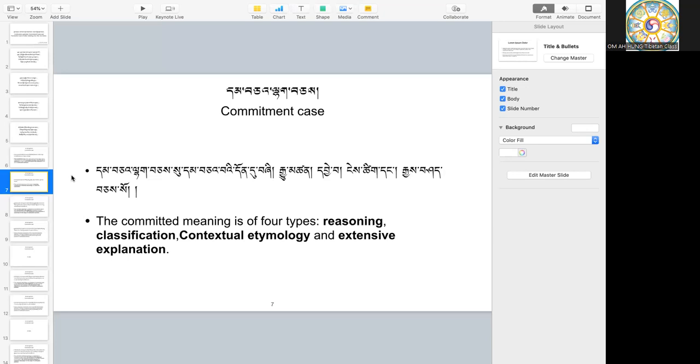The second part commits to show the classification, the different types. The third variation commits to show the contextual etymology. And then the fourth variation of the commitment case commits to provide an extensive explanation.